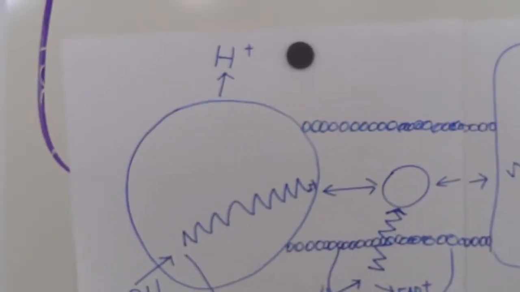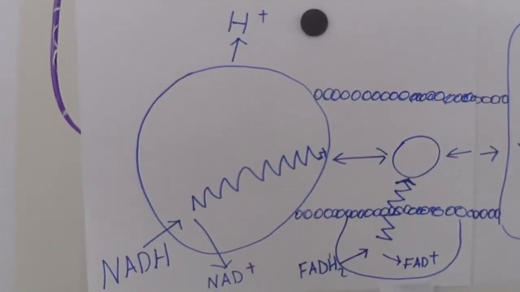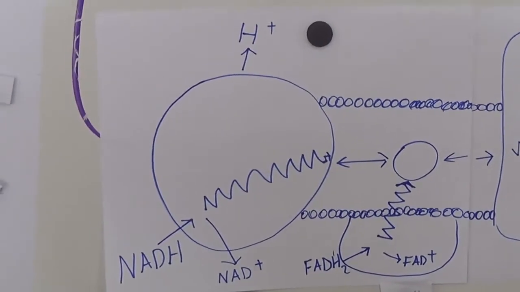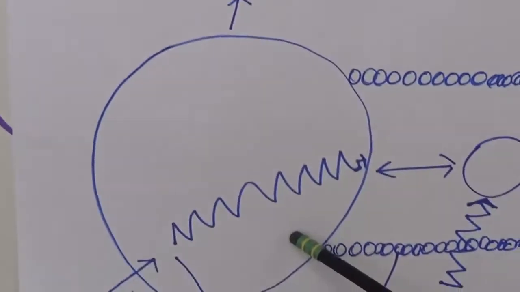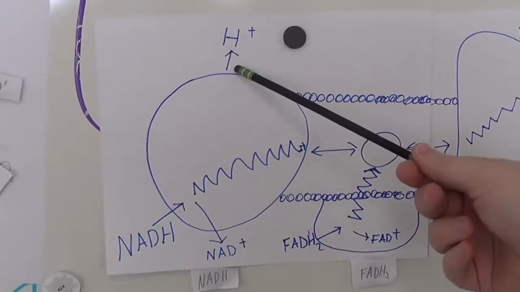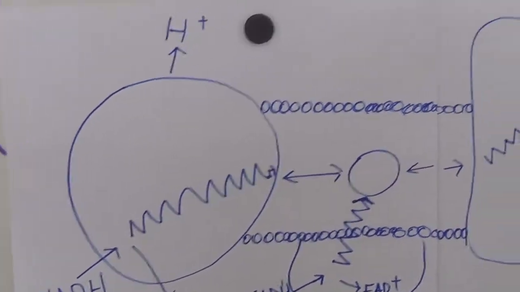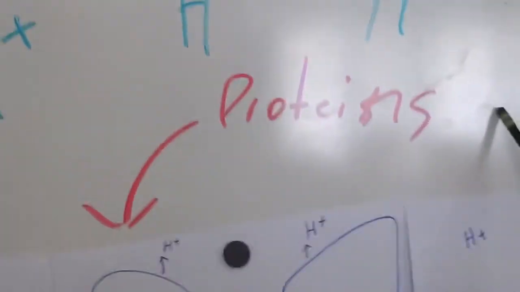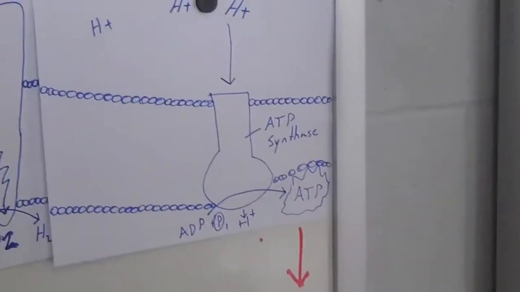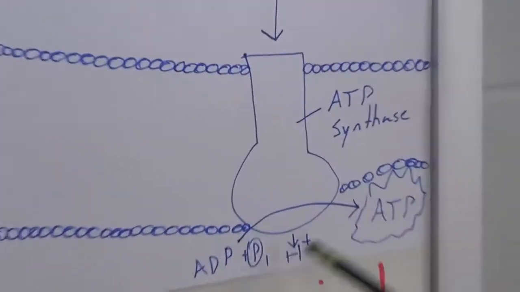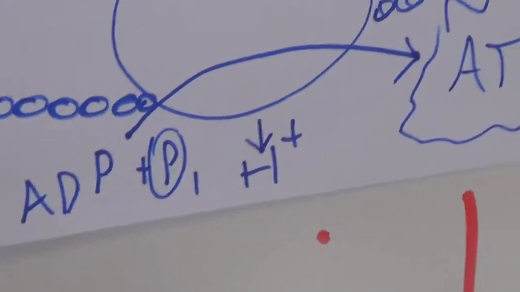In the next stage of cellular respiration, the electron chain uses the NADHs and the FADH2s in these proteins that pump H pluses to the inside of the cristae. This concentrated H plus powers ATP synthase, which comes back across and produces ATP using the ADP and 1 phosphate group.